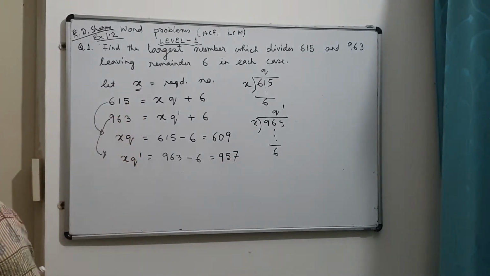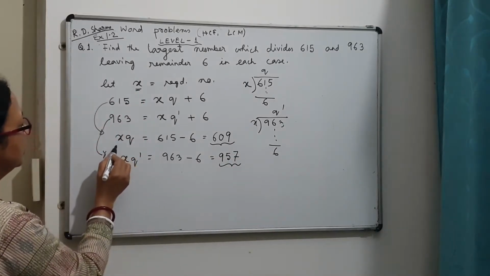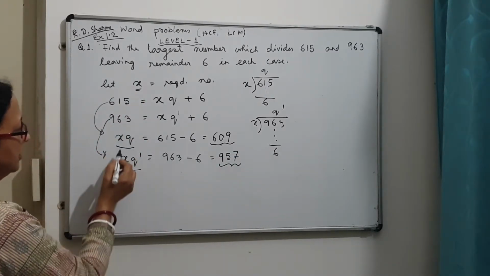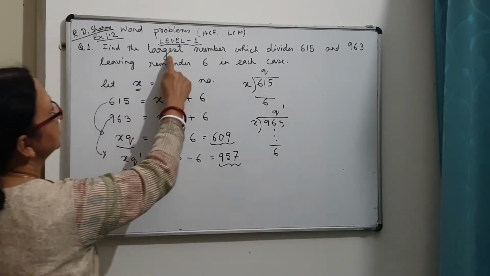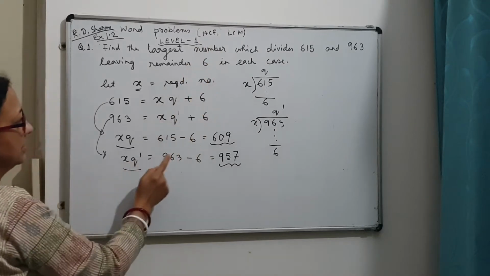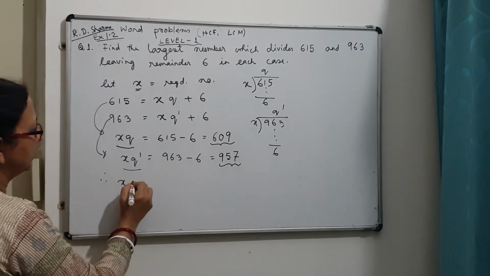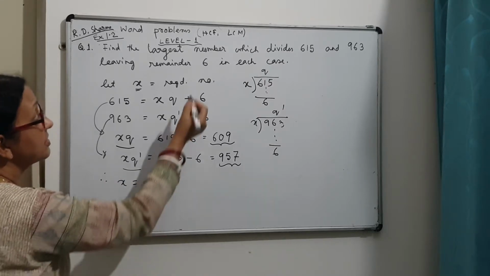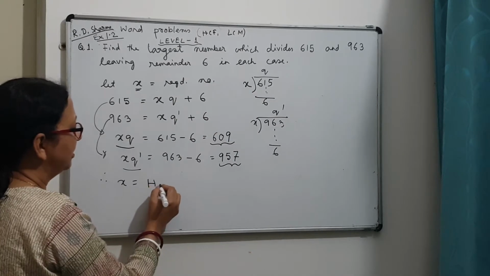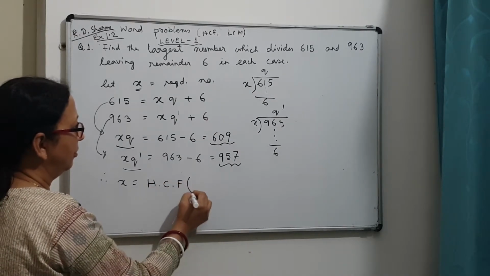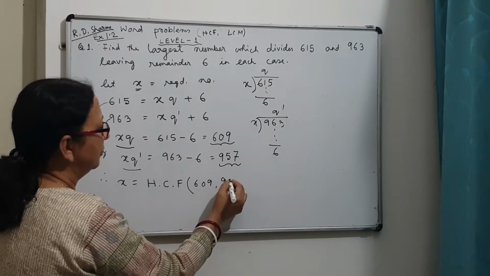So this we understood. That means these two numbers are multiples of x in each case. So this x is the largest number which divides these two. Therefore x is nothing but the largest factor, the highest common factor of these two numbers, 609 and 957.